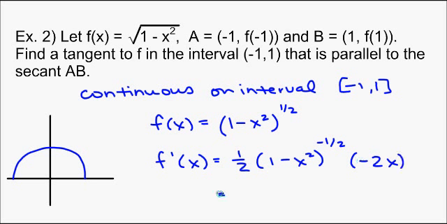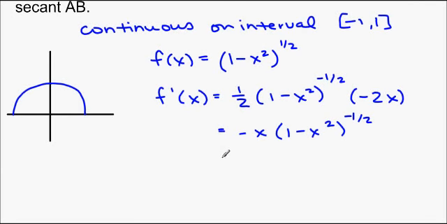It's our chain rule again. And -2 times 1/2 is -1, so -x times 1 minus x squared to the -1/2. So -x over the square root of 1 minus x squared.